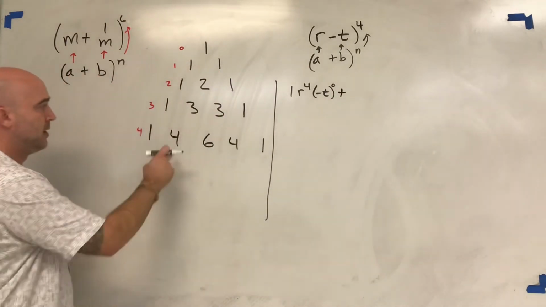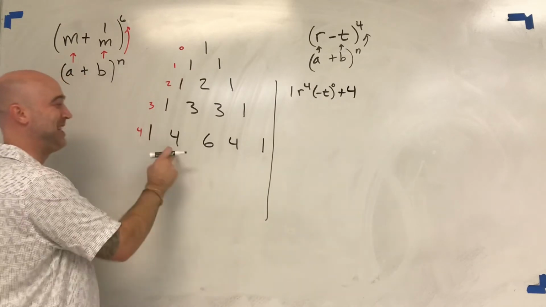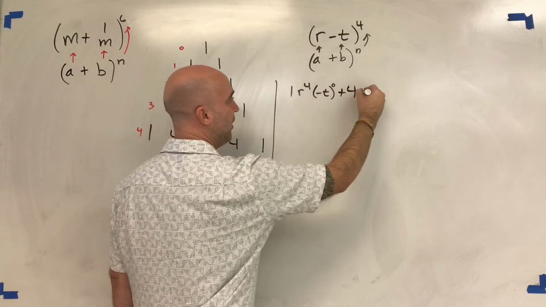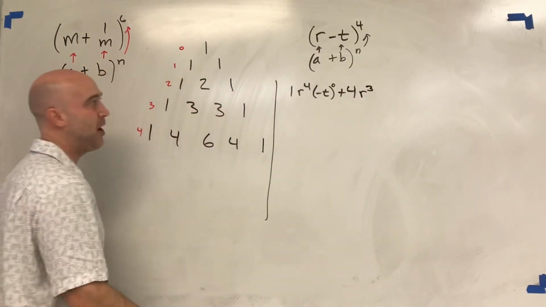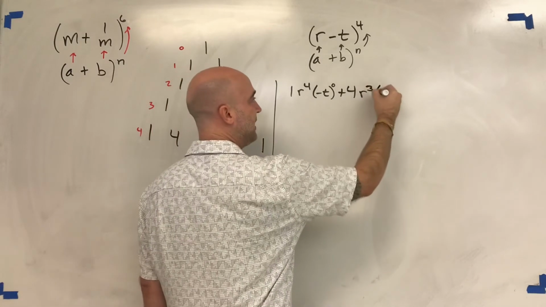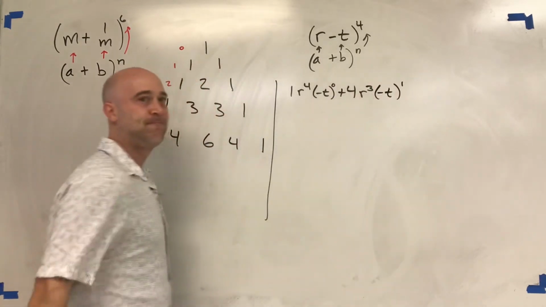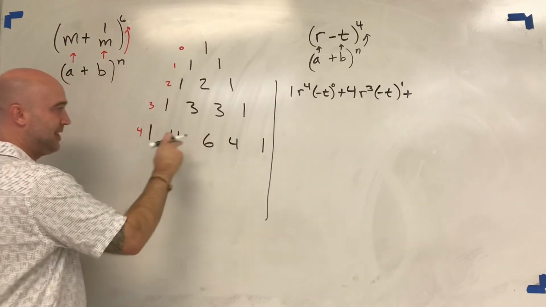Plus 4 is the next exponent. Sorry, coefficient. 4 is the next coefficient. And the a part is r, and we reduce by 1 exponent, so that turns into a 3 now. This negative t has the exponent go up by 1. And our next coefficient is 6.